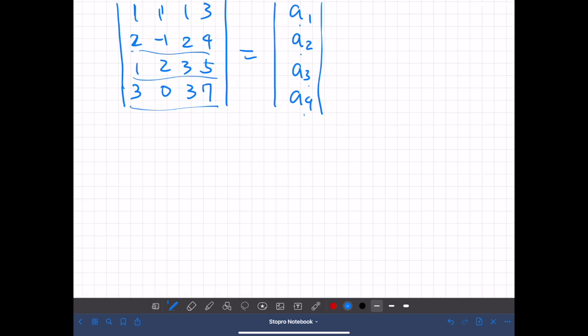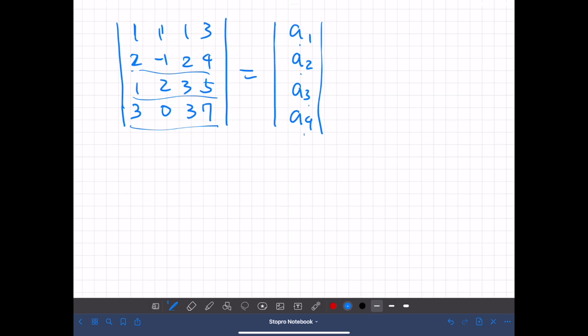Okay, then there are a few nice theorems that you can use. The first one is that this is actually equal to this: A1, A2, A3 minus A1, A4. Why are they equal?